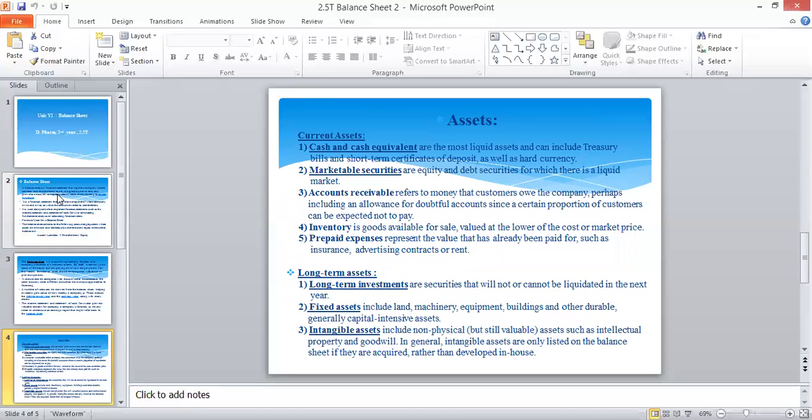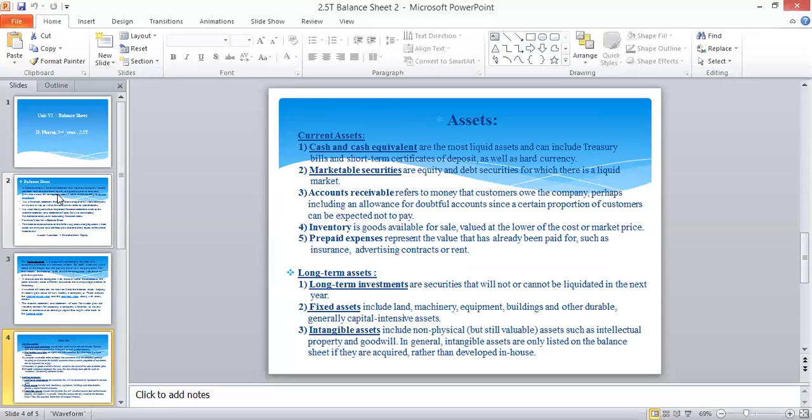Now, assets. What is an asset? Assets are divided into two segments. Number one is current assets and second is long-term assets. Now, current assets.